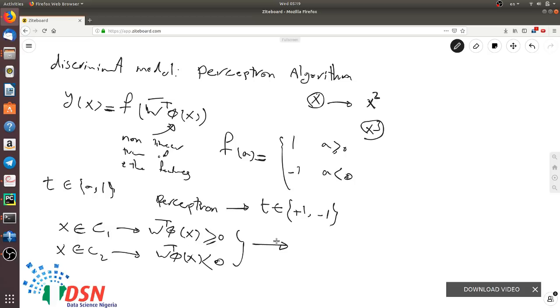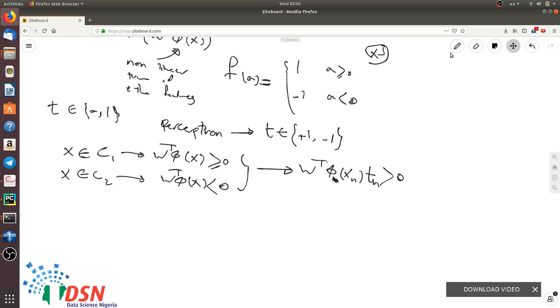If we encode the target vector in this way, we could write these two conditions in a more concise way. In general, we want this to be greater than 0 for every pattern.